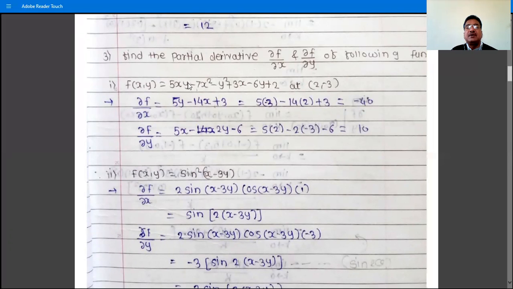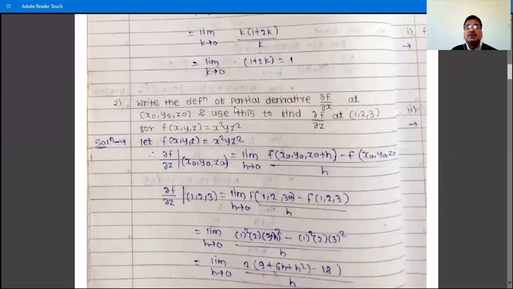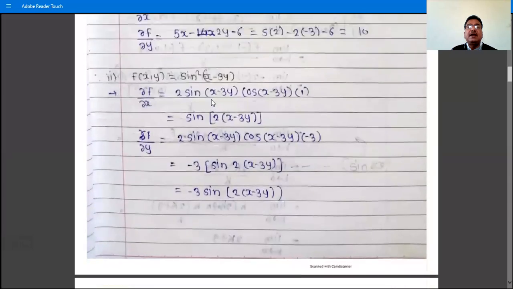Derivative of x is 1, then 14x. Minus y squared, derivative 0; 3x derivative is 3; minus 6y derivative is 0; plus 2 derivative is 0. The value at (2, -3), substituting x as 2 and y as -3, we have the answer -40. We can also find the derivative of this function with respect to x by using the definition of partial derivative, or directly.